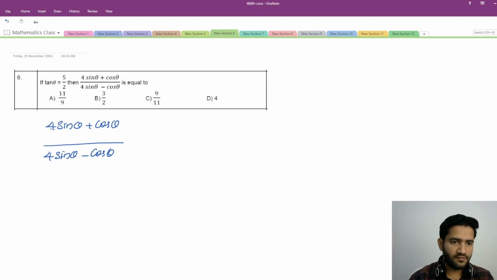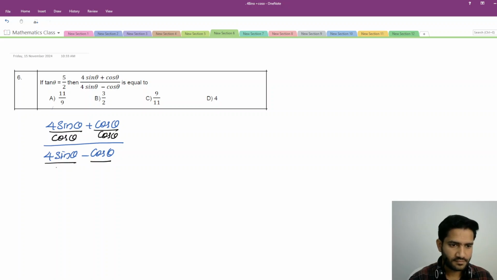Here tan theta is given, so I am dividing the numerator and the denominator with tan theta, I mean we want to divide with cos theta, then only we'll get tan theta.